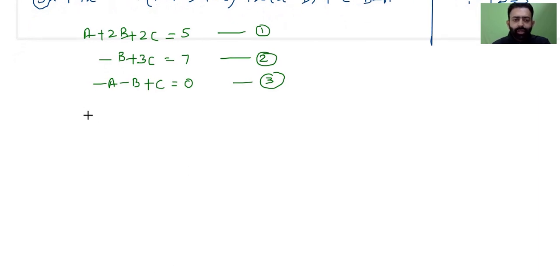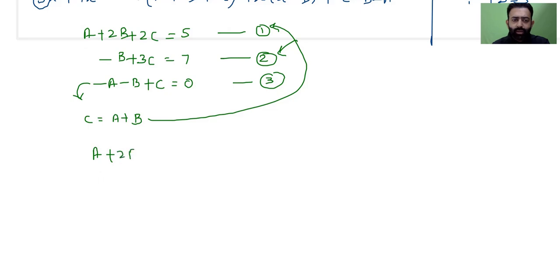Okay, so what I find here is the value of c as a plus b. From equation 3, I find that c is equal to a plus b, right? Put this c back in equations 1 and 2. Let us see what other equations I get. So equation number 1 now is a plus 2b plus 2c, so twice of c means twice of a plus b.